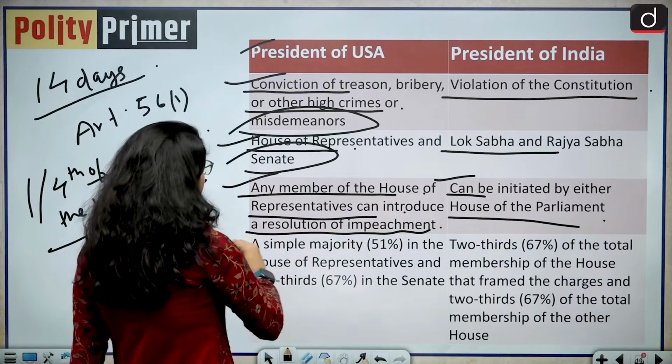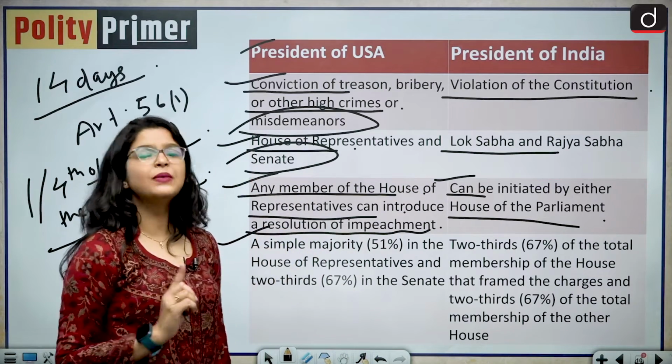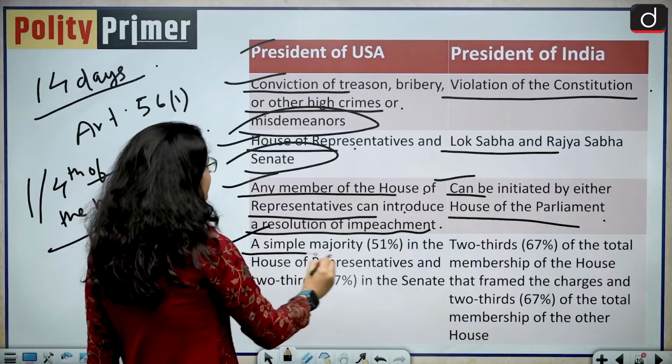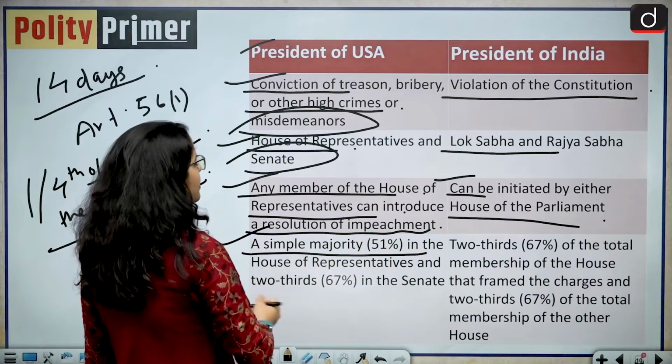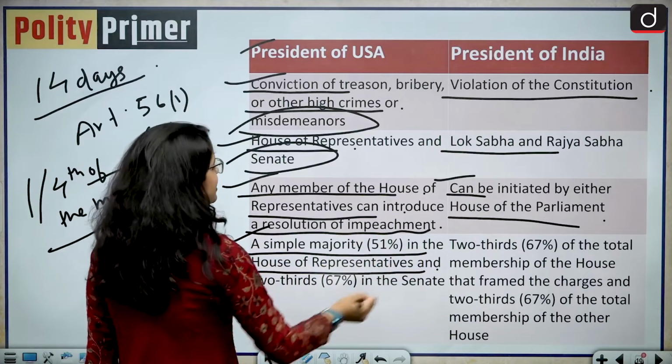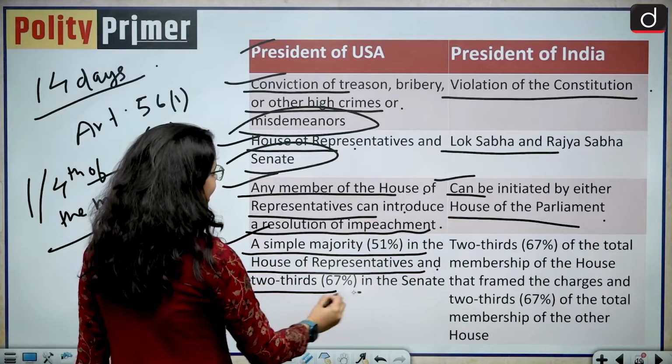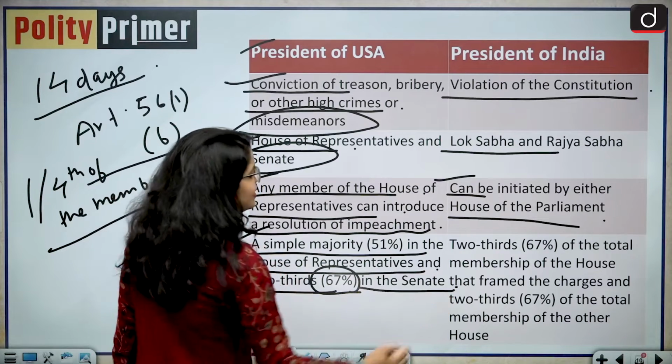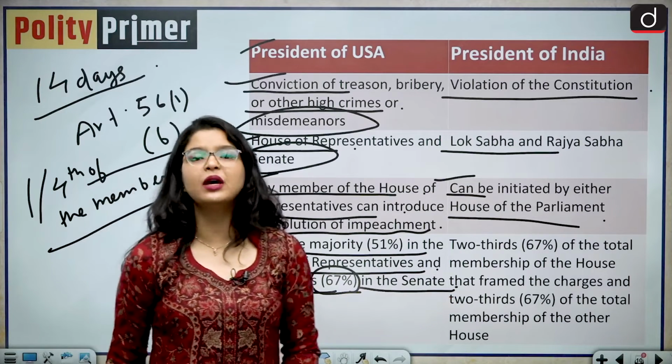Okay, then there is also a difference in majority. In the USA, a simple majority, that is 51%, in the House of Representatives and 2/3, that is 67%, in the Senate is required to impeach the President.